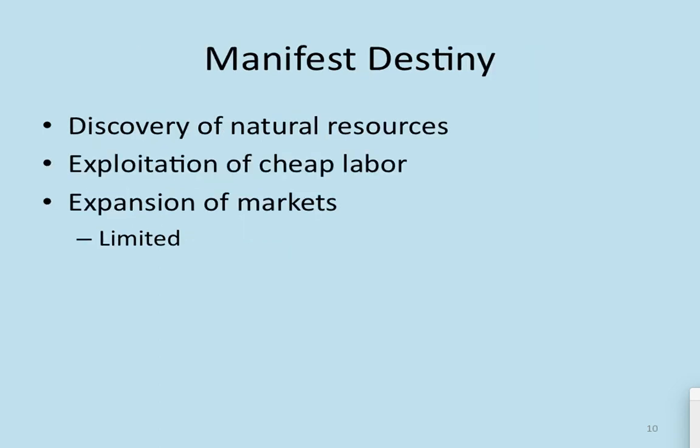U.S. imperialism is based on manifest destiny, that we had the right to take the land, and the right to do whatever is necessary to make money.